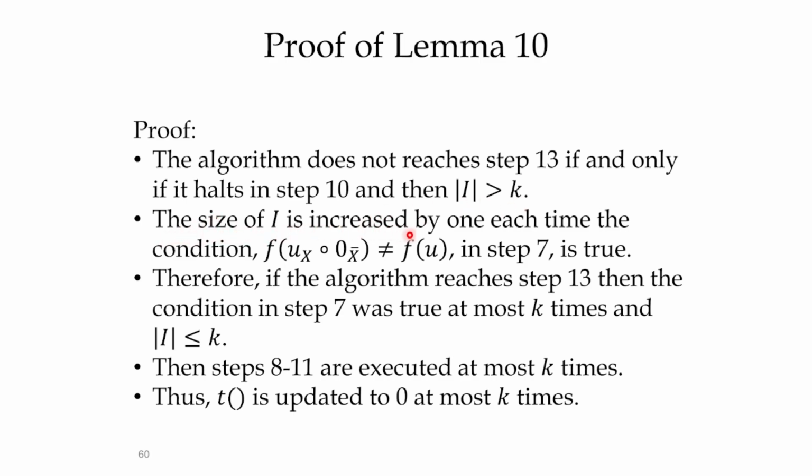The size of I is increased by 1 each time the condition f of u subscript capital X concatenation 0 subscript capital X bar is not equal to f of u in step 7 is true. Therefore, if the algorithm reaches step 13, then the condition in step 7 was true at most k times, and the size of I is less or equal to k. Steps 8 through 11 are executed at most k times. Thus, t is updated to 0 at most k times.